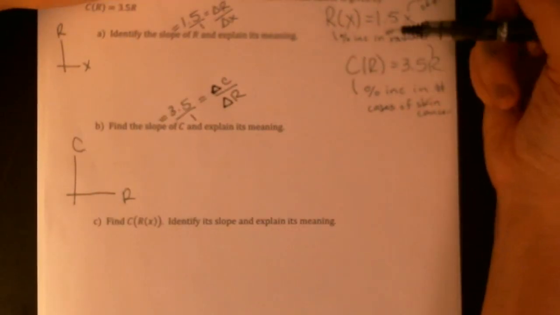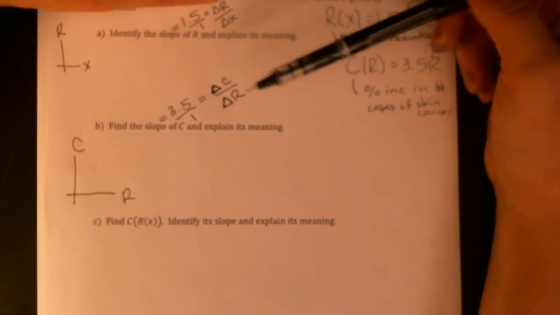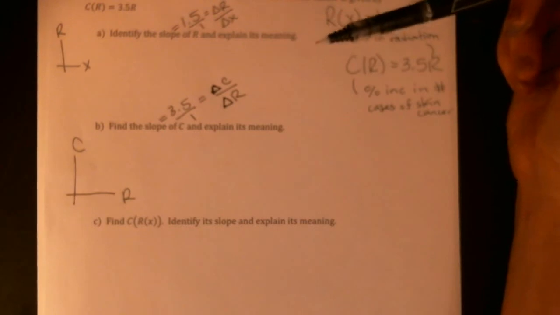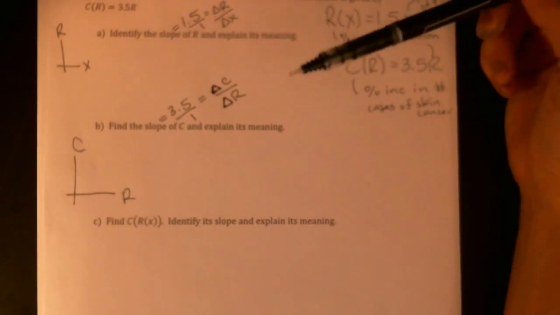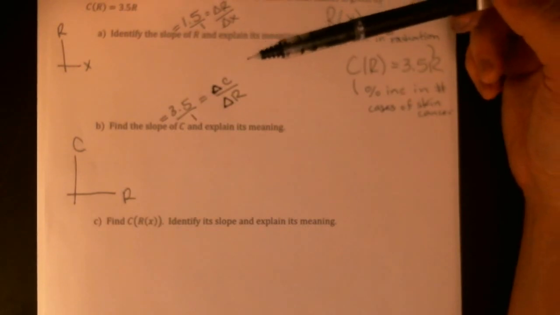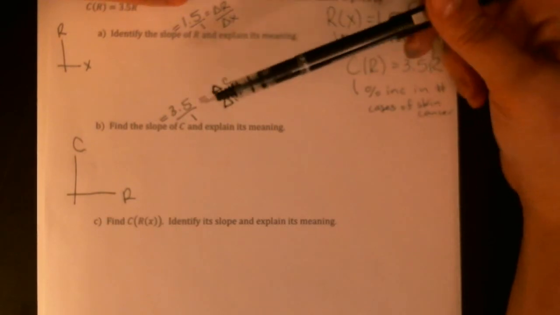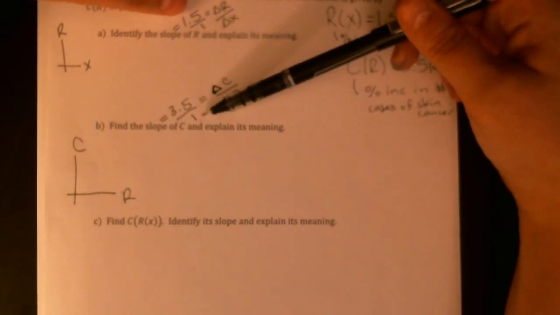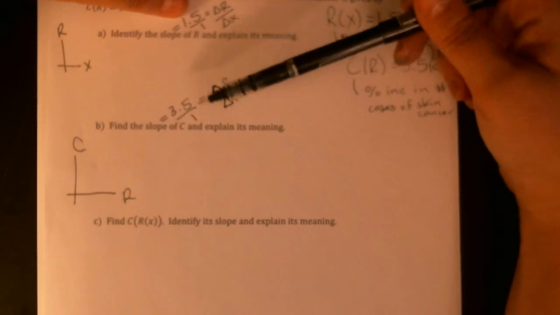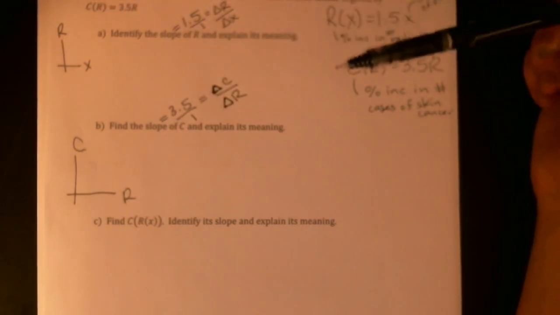Okay, so this time I would say if the amount of radiation increases by 1%, the number of cases of skin cancer will increase by 3.5%. So if there is a 1% increase in UV radiation, there will be a 3.5% increase in number of cases of skin cancer.